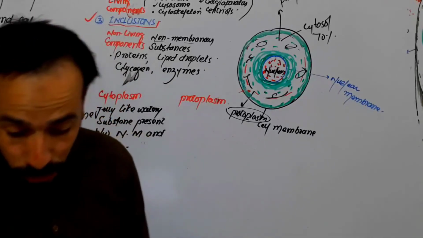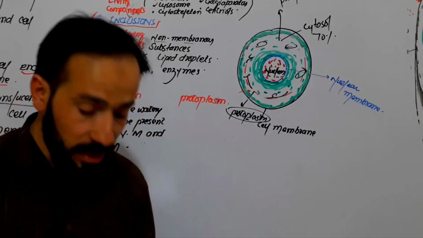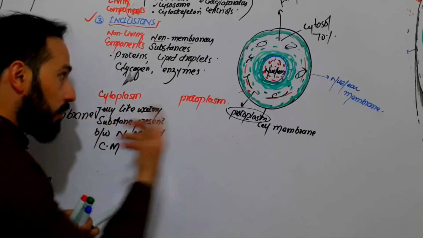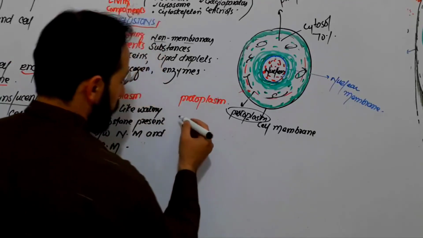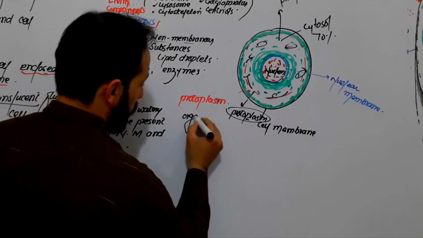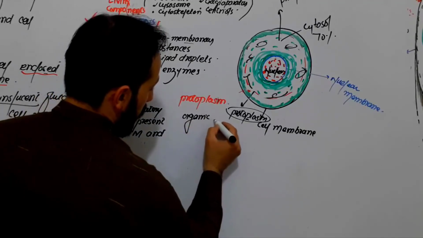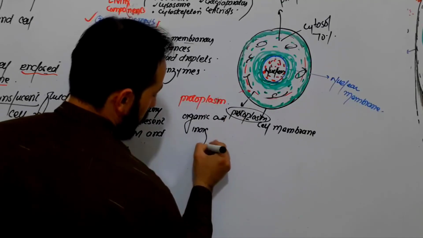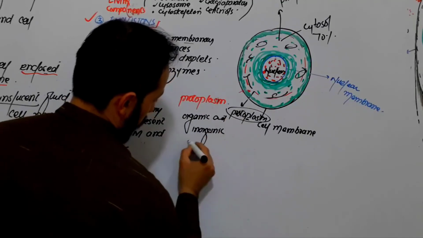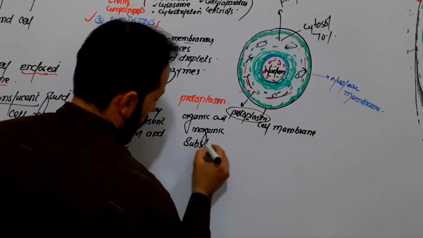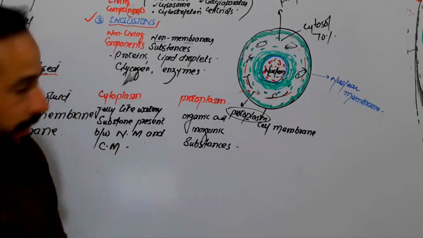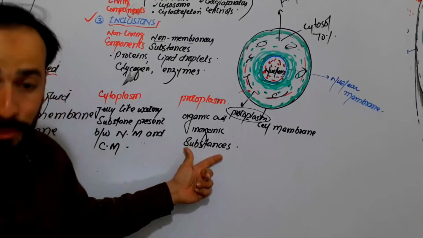But what is the protoplasm? The protoplasm is the organic and inorganic substances of the cell. This is called the protoplasm.